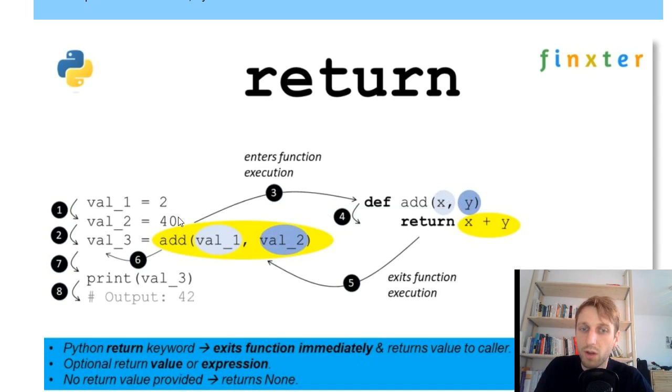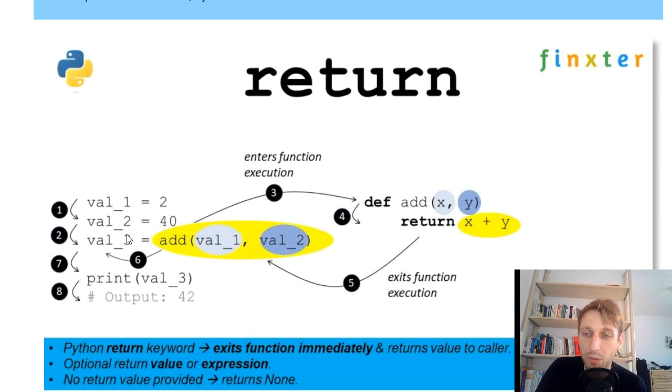Value 1 is 2, value 2 is 40, and now the return keyword indicates that you should immediately exit the function after calculating the return expression that comes after the return keyword in the same line. So here we have x plus y. This is a return expression, so we simply add together the arguments, 2 plus 40, so we return 42 in our instance, and we pass this return value 42 back to the caller.